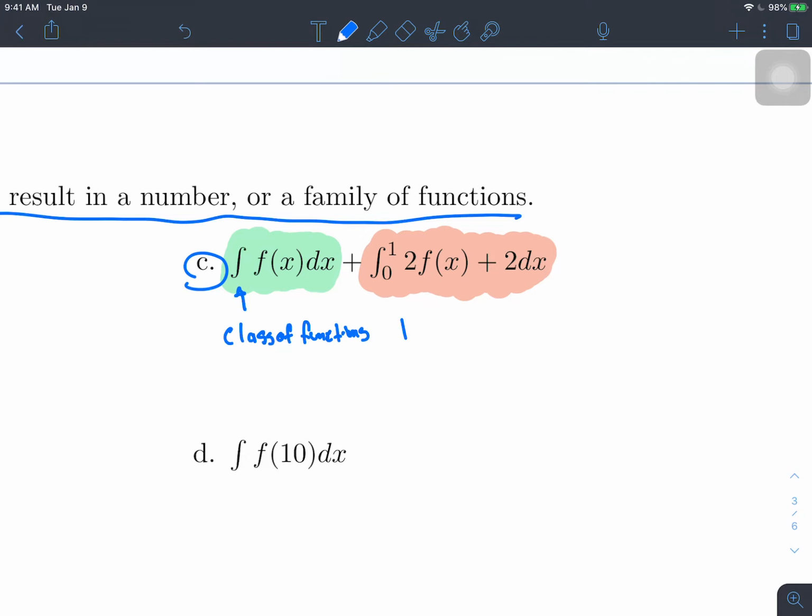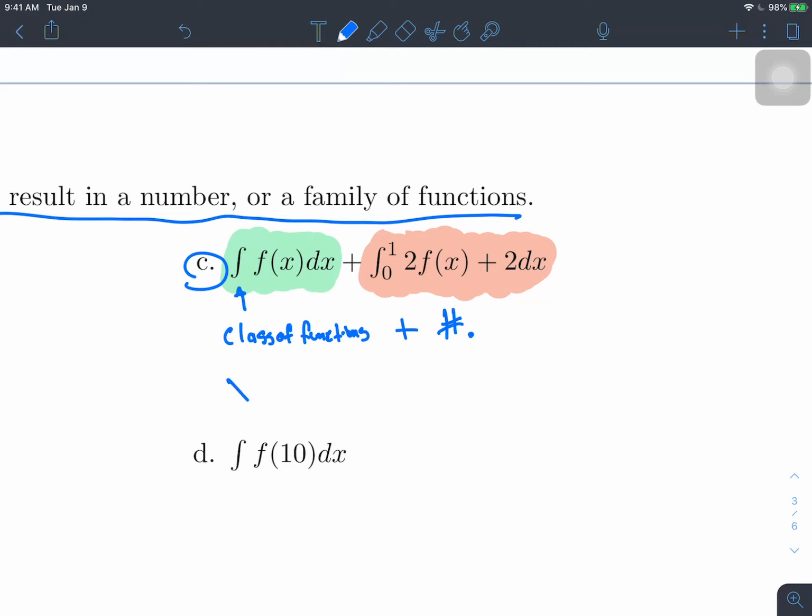And we're adding to that this orange part, which has limits of integration. We go from 0 to 1, which means that this should result in a number. This will be the area under the curve of the function 2 times f of x plus 2 between x equals 0 and x equals 1. That's what this says. So we get plus some number.